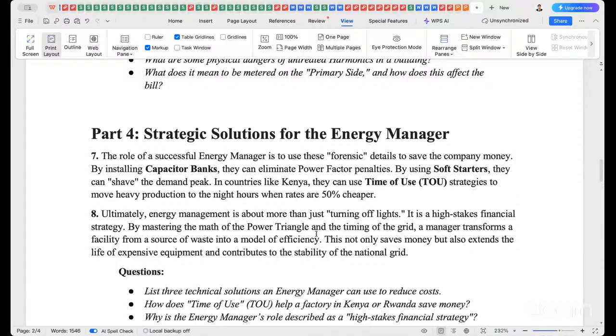What safety solutions should the energy manager implement to prevent surge when starting up?